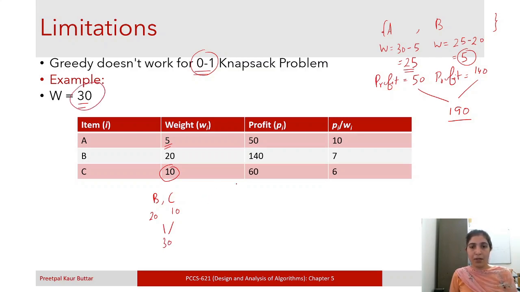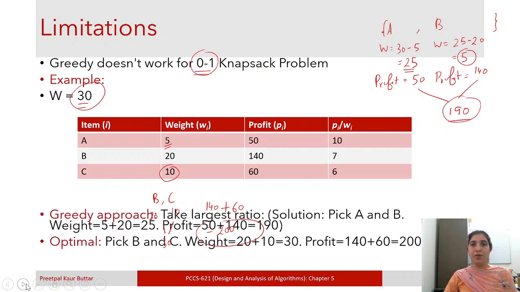The profit of item B is 140 and the profit of item C is 60, so the total profit which I would get by picking B and C is 200, which is better than this. So it means the greedy approach does not work for solving the 0-1 knapsack problem. So this is the greedy approach to solving the fractional knapsack problem. Thank you.